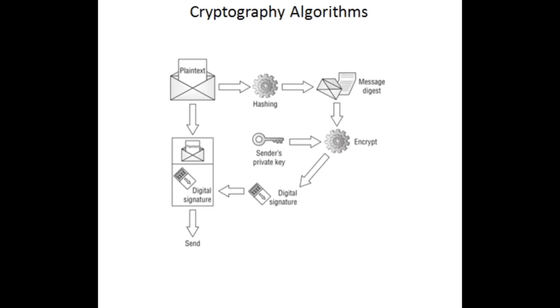Digital signatures are based on public key cryptography and used to verify the authenticity and integrity of a message. A digital signature is created by passing a message's contents through a hashing algorithm. The hashed value is then encrypted with the sender's private key.